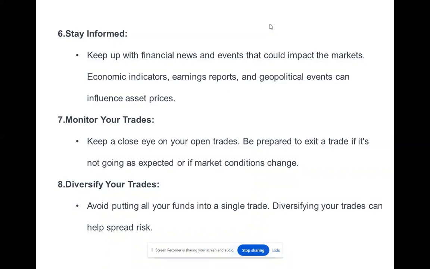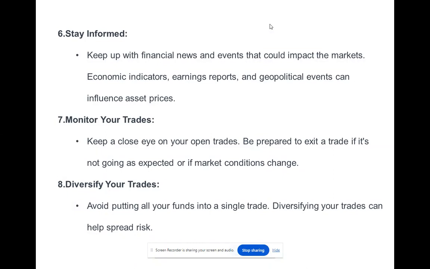Maybe a lot of people, when they notice that the news is going to happen in the next 30 minutes during their trading session, they will stop trading at that moment. Then after the news, they will come back and start trading. Well, I recommend you to do that. Trading during the news is not recommended to new traders at all.